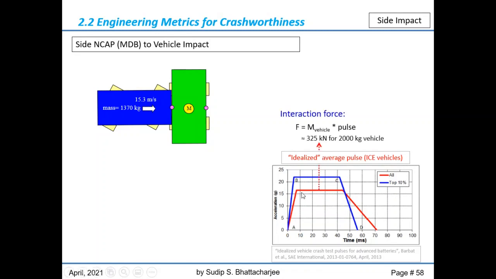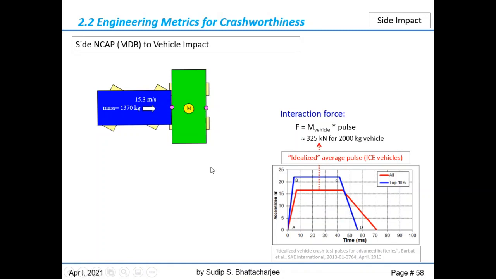You can use some of these values like this average pulse curve, and this is the acceleration value. If you know your target vehicle mass, you can translate it to an equivalent force, saying this is the interaction force that is coming from the impactor to the impacted vehicle, and that the impacted vehicle will have to register to accelerate and move away.